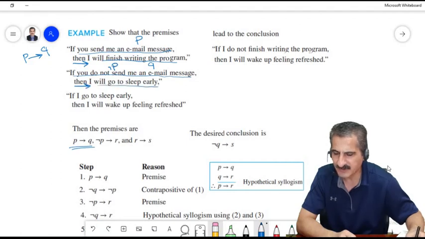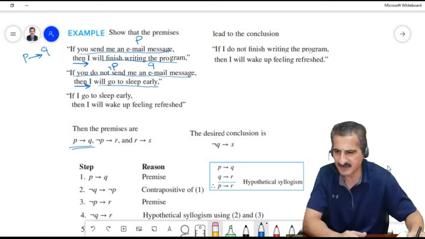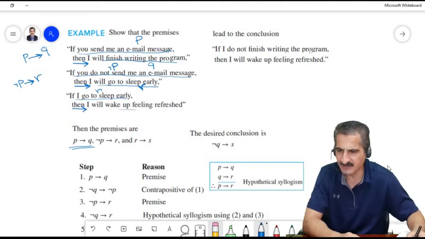So let's use sleep early means R. This statement is R. I will go to sleep early is R. So we have here not P gives R. Now, if I go to sleep early, this is R. Then I will wake up feeling refreshed, and this is S. So here we have R gives S.